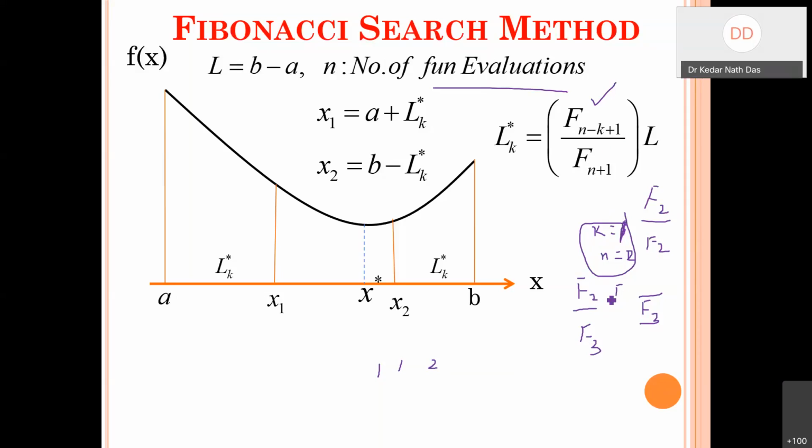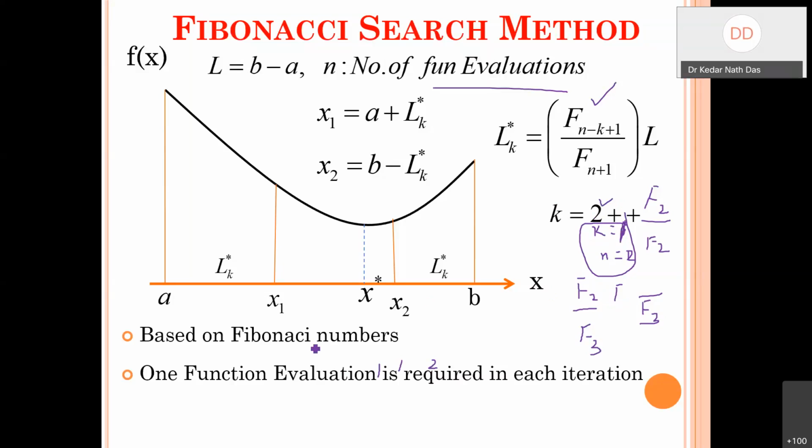Accordingly, you can have new LK stars every time. And accordingly, you can have a step length to jump from x1 to x2, x2 to x3, and so on. So K actually started from 2, of course, because we can have an increment of 2 there, and then based on the Fibonacci numbers, you can manipulate all these values of x1, x2, and so on.